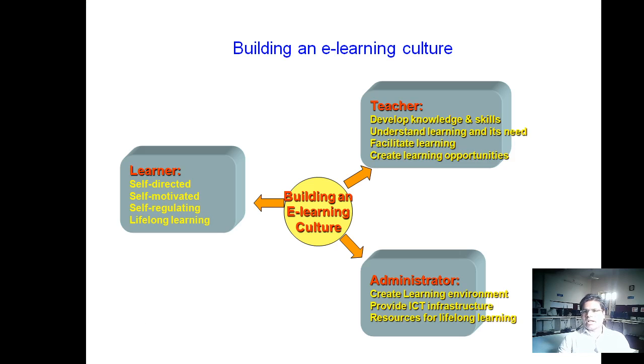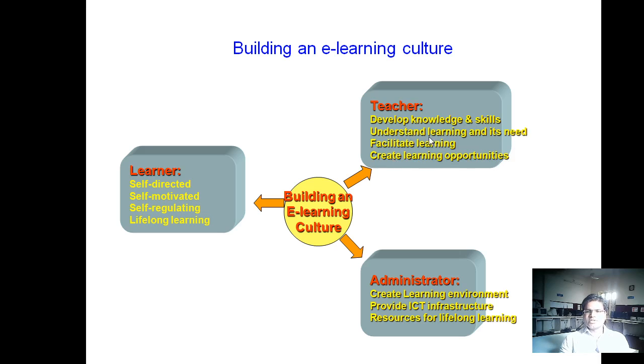Then building an e-learning culture. What do we have to do? See, in building an e-learning culture, three factors are important: teacher, learner and administrator. What does the teacher do? Develop knowledge and skills, understand learners' needs, facilitate learning, create learning opportunities.